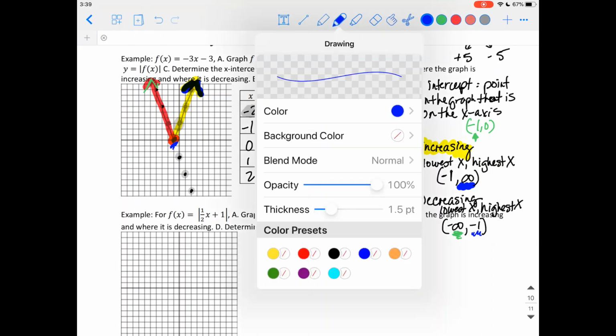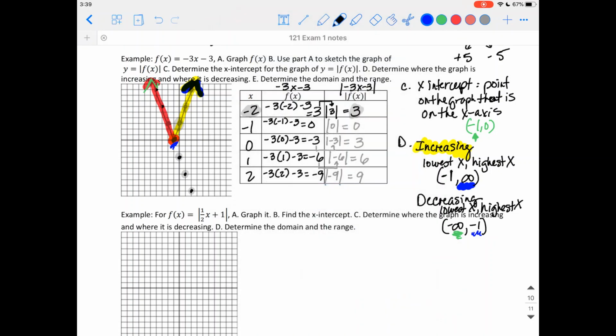And then part E asks us for the domain and the range. So for part E, I'm going to put it here. The domain are my x's, and it's going to be the lowest x, comma, the highest x.